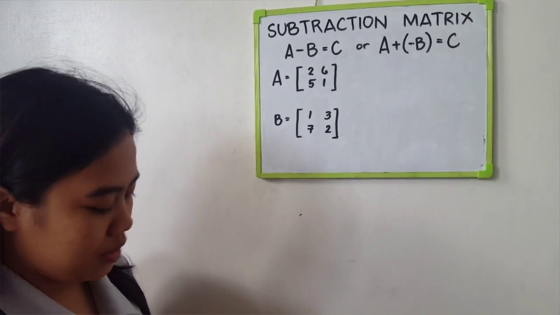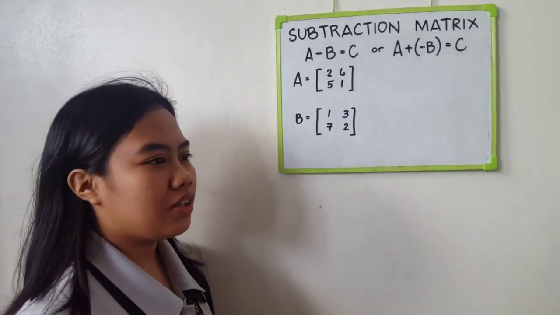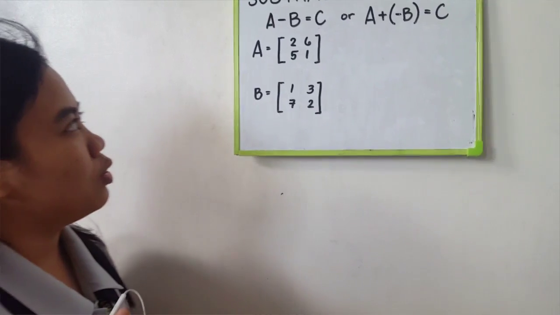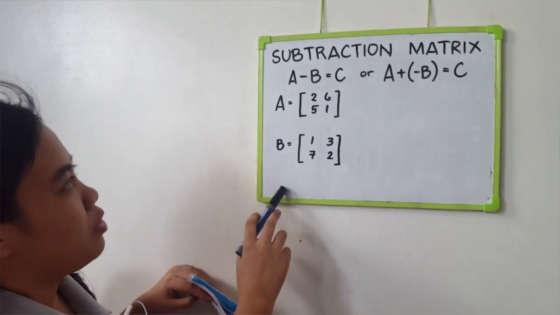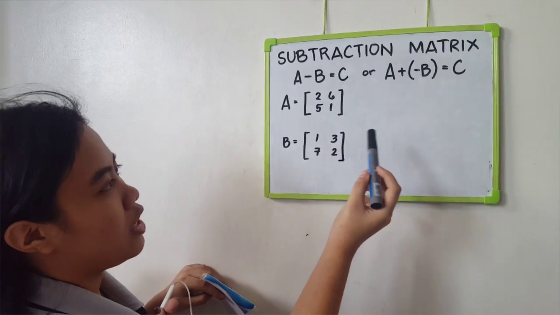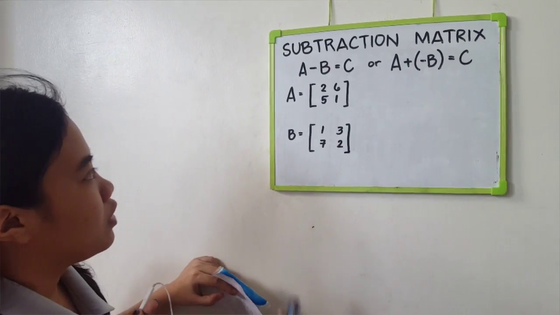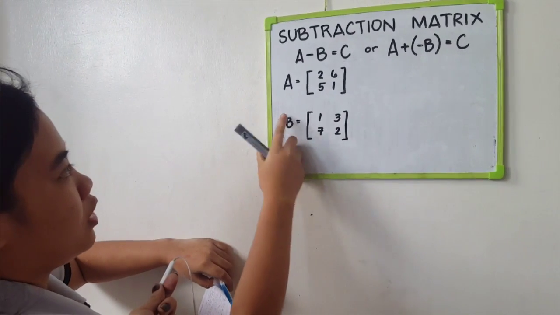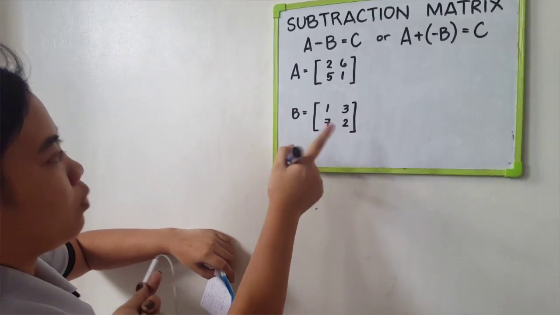Subtraction of matrix. It is simply subtracting two or more matrices with the same sizes. So, the formula is A minus B equals C, or A plus the negative of B equals C. So, A equals 2, 6, 5, and 1.